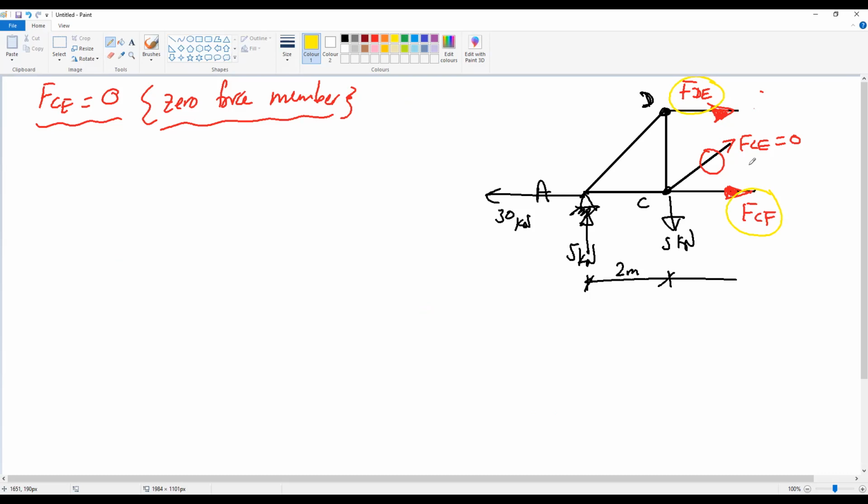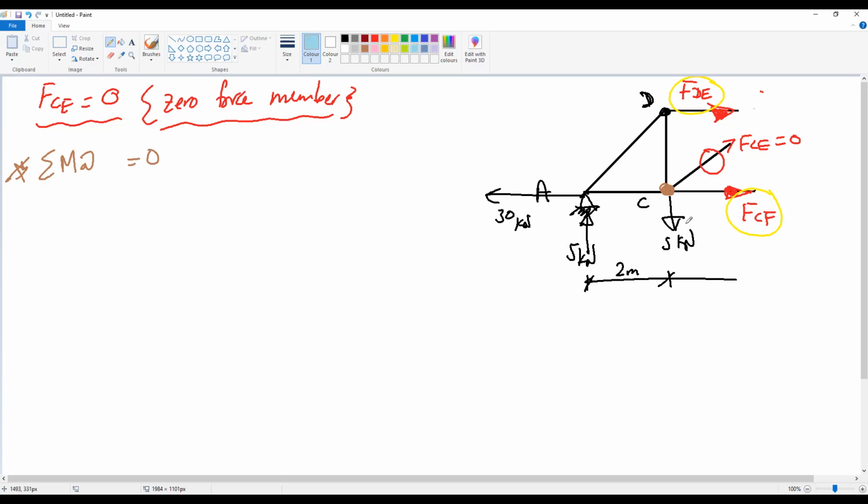So the final equation we have is that the summation of moments at a point should be 0. Which point to take the moment at? If we take the moment at C, what will happen?